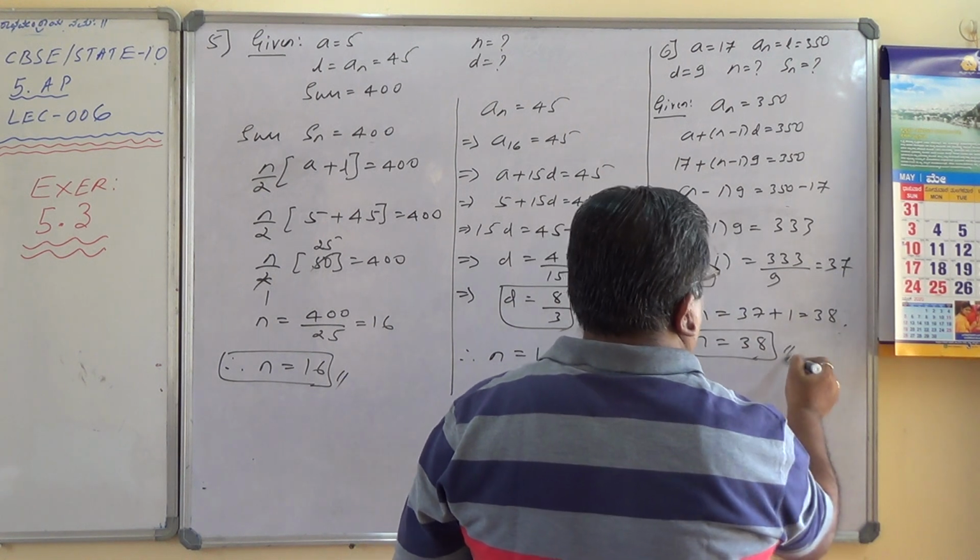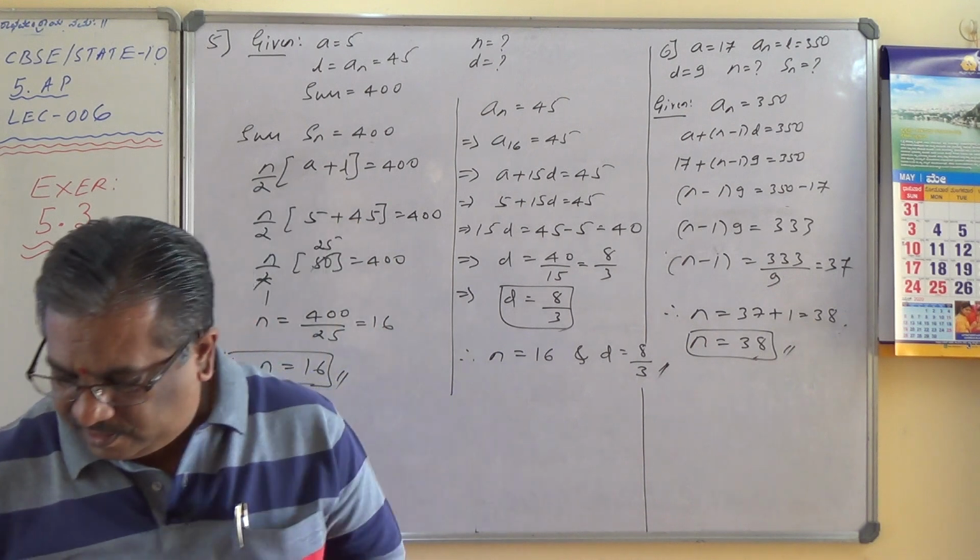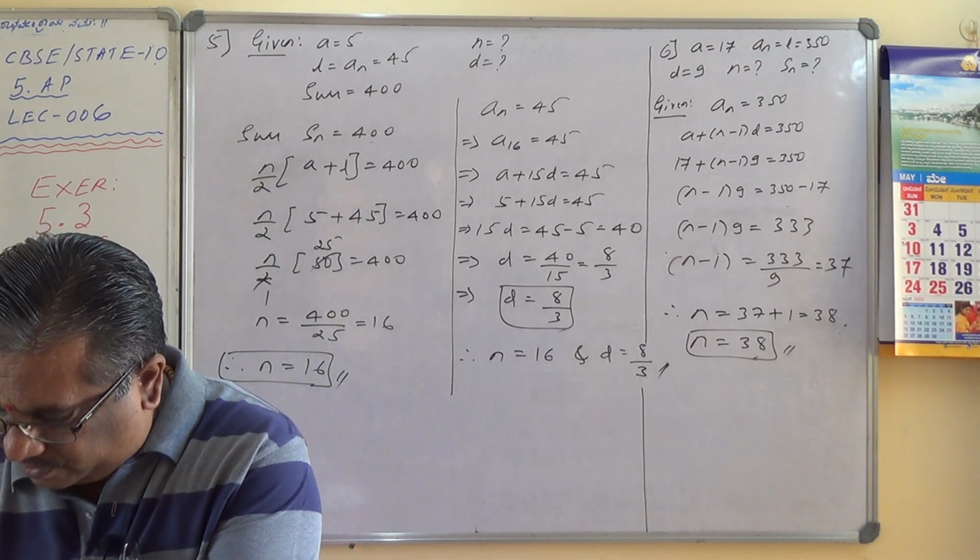So we have found out n equals 38. Let me check whether it is correct or not. Sixth one we are finding.